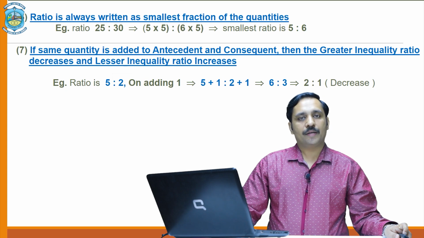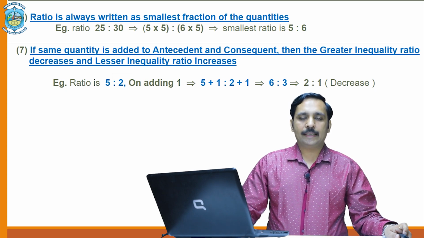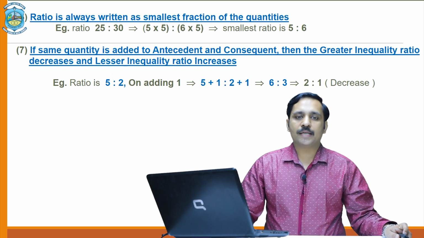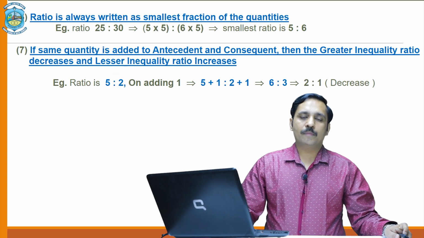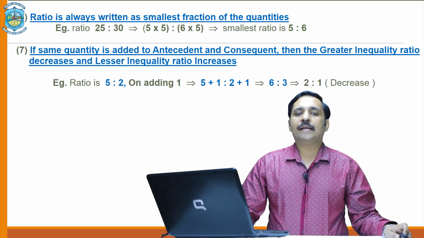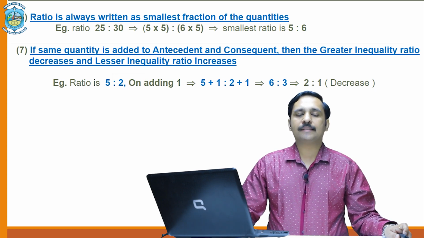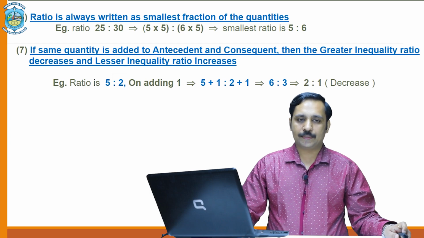But since we represent ratio as a minimum fraction, I divided by 2 on both the sides, so I'll get the ratio as 2 is to 1. Now if I divide it in terms of fractions, first I divide 5 by 2, my answer is 2.5. But when I divide 2 is to 1, that is 2 by 1, my answer is 2. That means this decreases. Hence the greater inequality decreases.